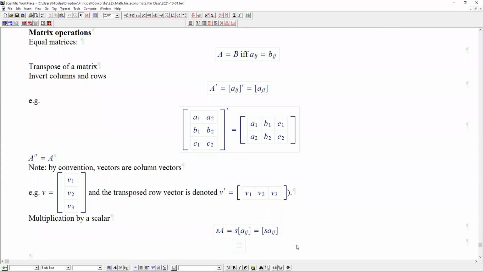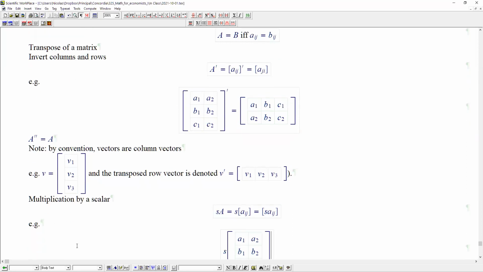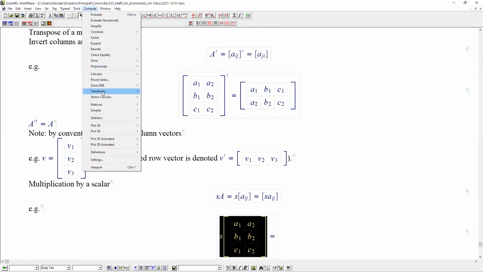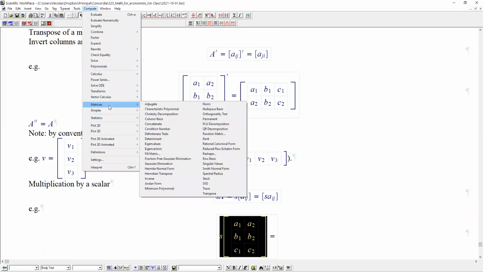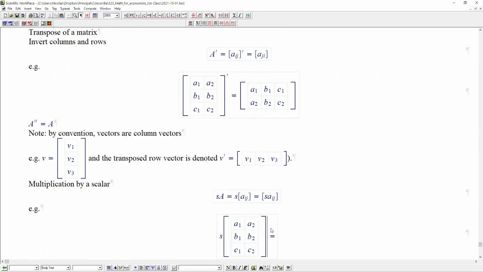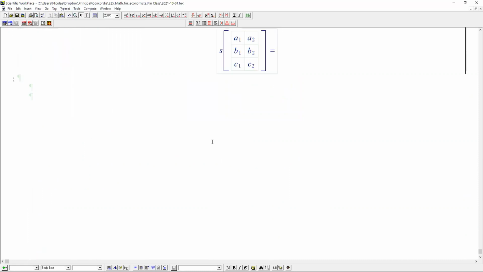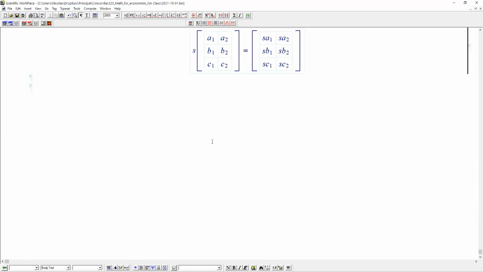So for instance, S times this equals... Oh no, I don't even have to do that. Let me try something. Yes, it gives it to me. It's a nice program to have. All right.